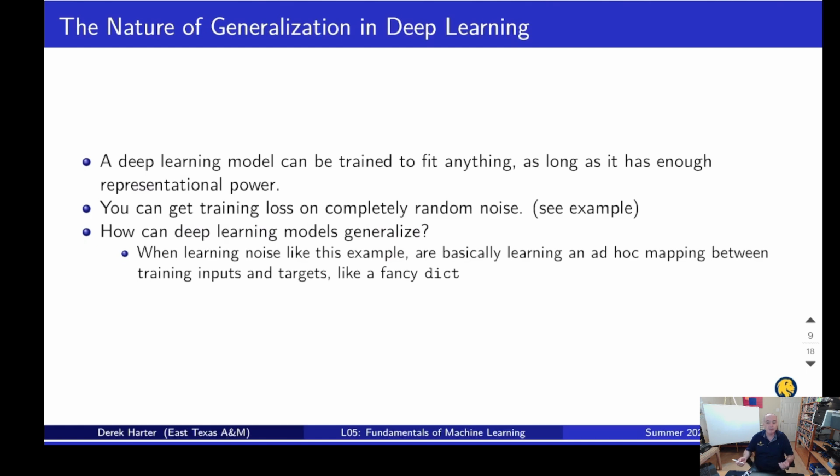So the representation it learns is only a rote memorization of the input data that it's trained with, right? So, with that in mind, you might wonder, how can a deep learning model generalize at all, right? So when learning just pure noise, like in this example, we're basically learning an ad hoc mapping, like I mentioned.